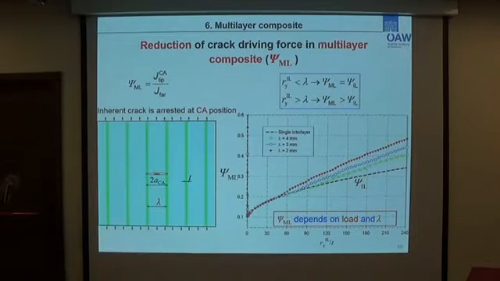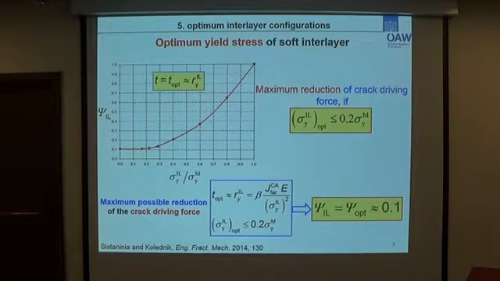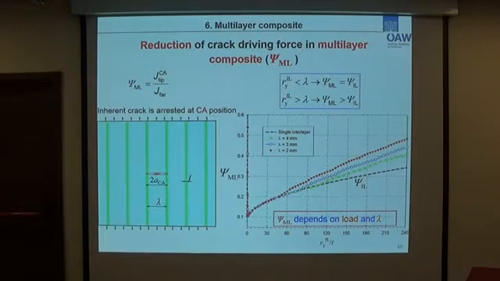So, up to now, we only considered a single soft interlayer, and we could derive the optimum configurations of the soft interlayer. Now, the next question is, what is the optimum wavelength of the composite? Again, for multi-layer composite, the reduction of crack driving force can be quantified by psi multi-layer, which is the ratio of J-tip CA to J5.